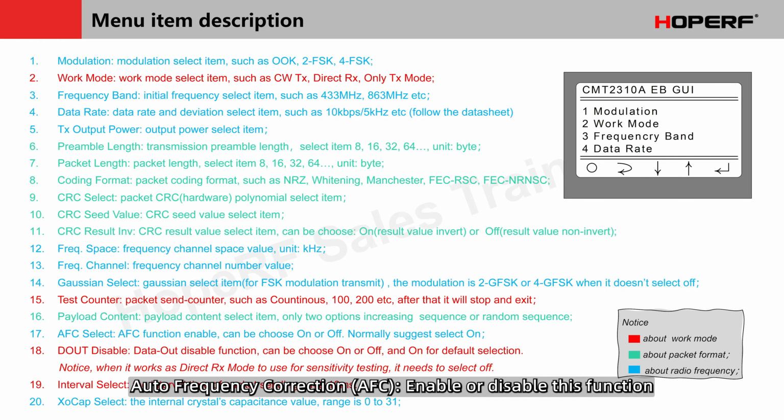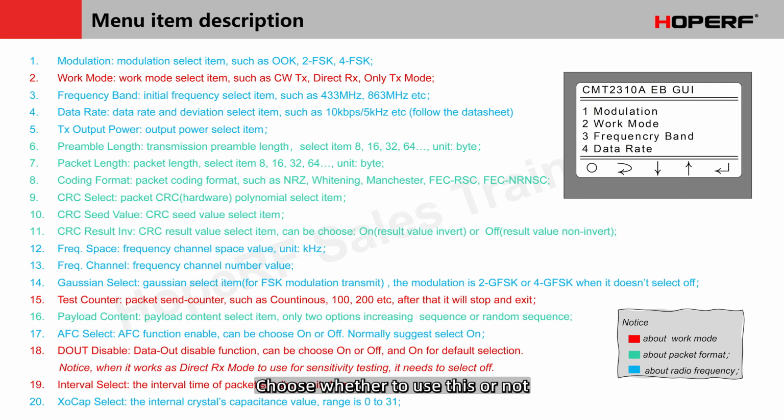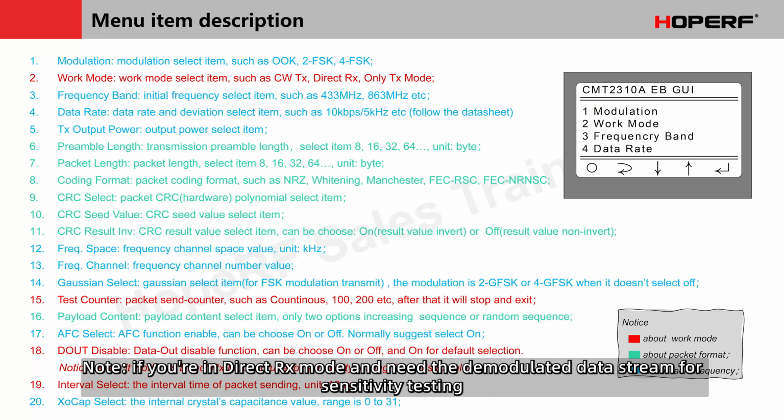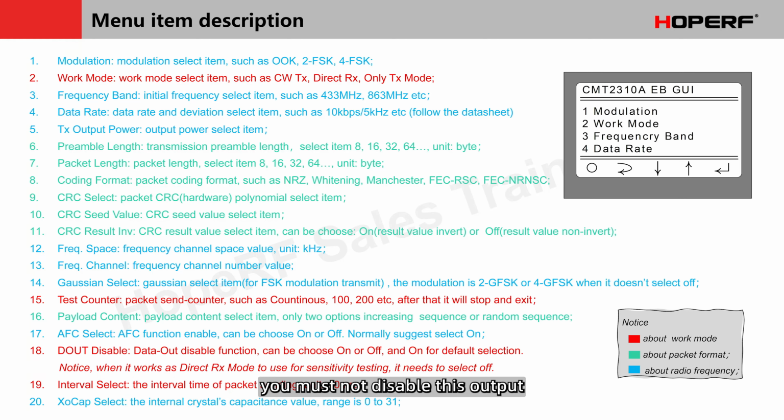Auto frequency correction, AFC. Enable or disable this function. Disable demodulated data output. Choose whether to use this or not. Note, if you are in direct RX mode and need the demodulated data stream for sensitivity testing, you must not disable this output.